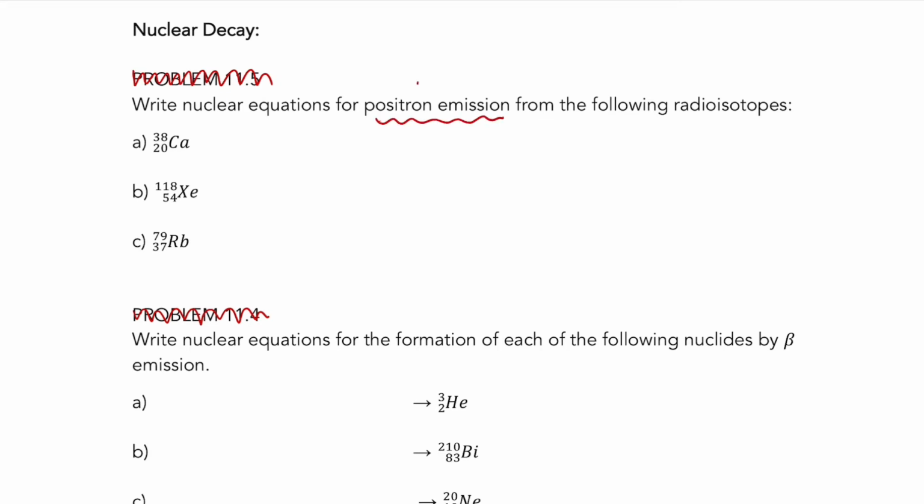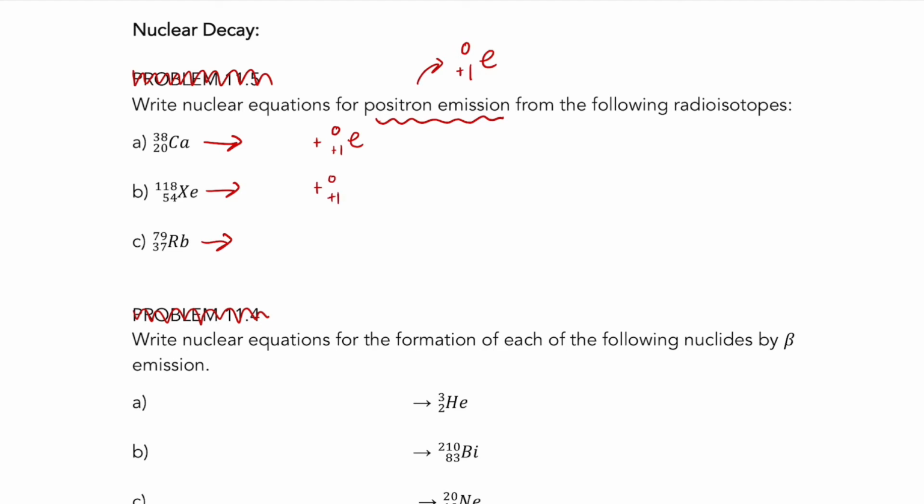So write the nuclear equations for positron emission. We have to remember what that is. That's the positive electron, from the following radioisotopes. So I'm going to start with these three particles. And I know that the positron is the product, right?